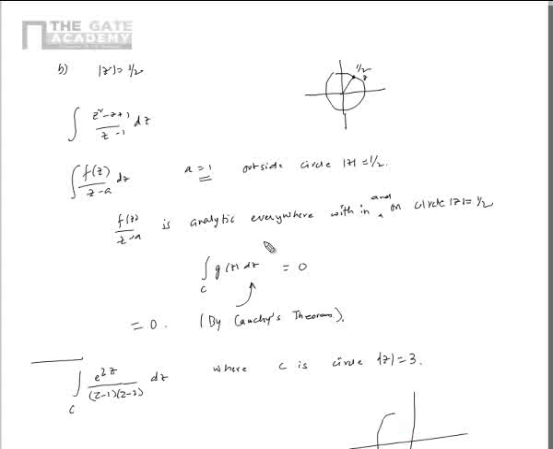So z is basically something like this. Mod z is equal to 3, the radius is 3, so any point on the circle is z.